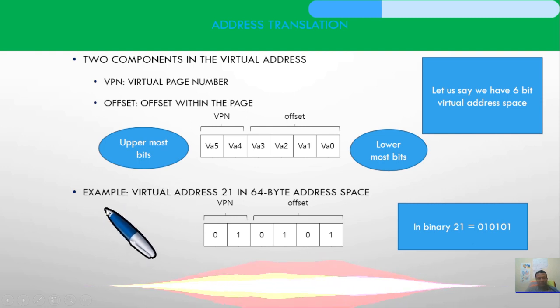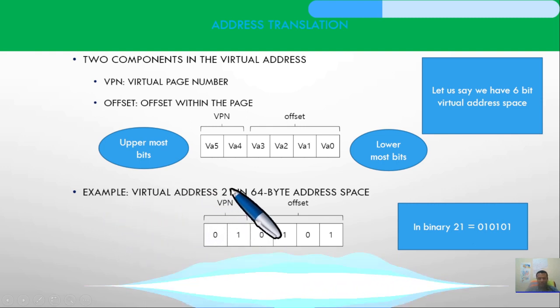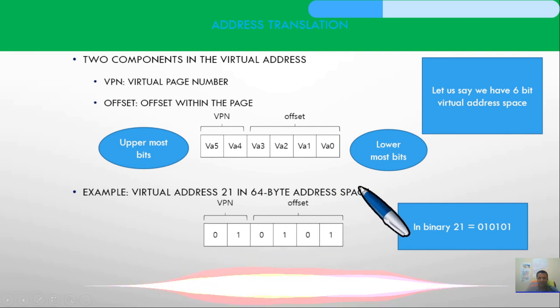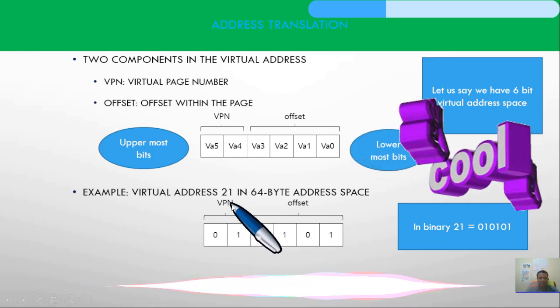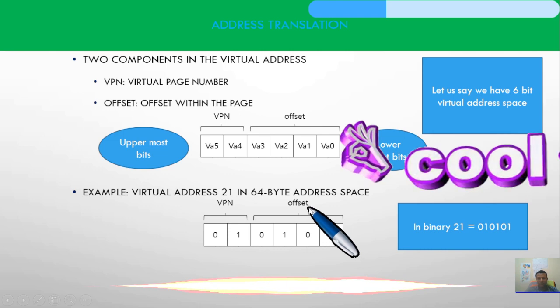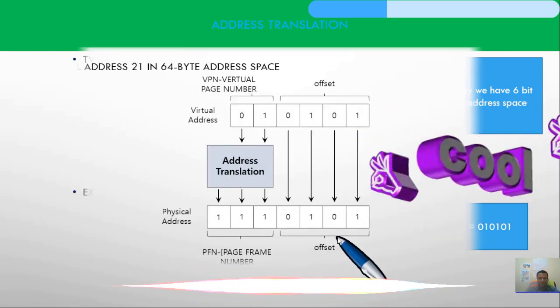So let's see an example. We have the virtual address 21 in the 64 byte address space. In binary, 21 is 010101. In the 6 bit address space, 010101, the first two bits, 0 and 1, will be the virtual page number, and the offset will be the rest.